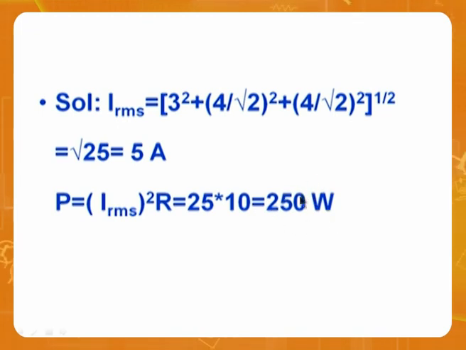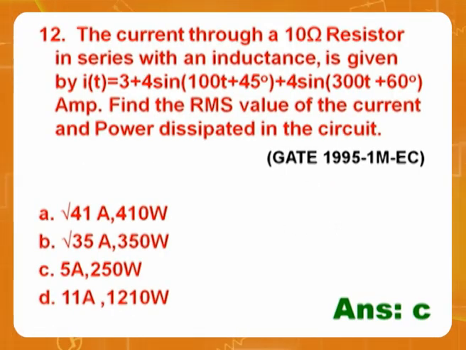So 250 watts. Now if you observe your options A, B, C, D, you can say the answer is C. So this is the meaning of how you have to calculate. So once again I am telling you, this is a DC term, directly 3 square, plus (4 by root 2) square, plus (4 by root 2) square, all under root.